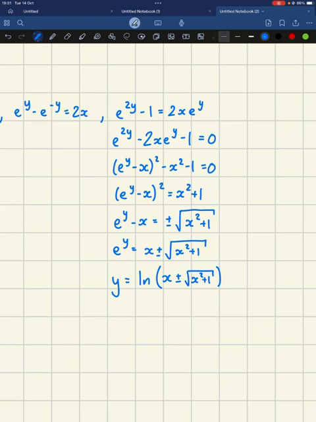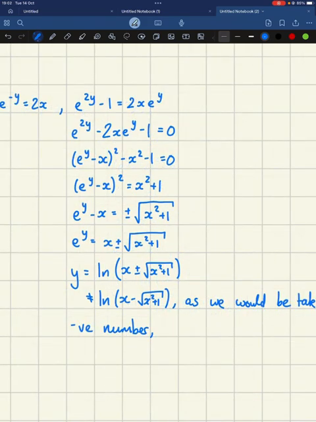So if we had x minus the square root of x squared plus 1, we'd get x minus something that's greater than x, so the whole thing is negative, and we'd be taking ln of a negative number. So it's not the minus.